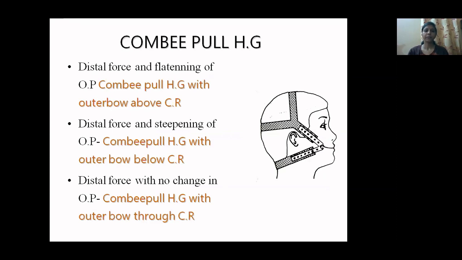Combi pull headgear again has options. Combi pull headgear with outer bow above the center of resistance will create distal force and flattening of the occlusal plane.